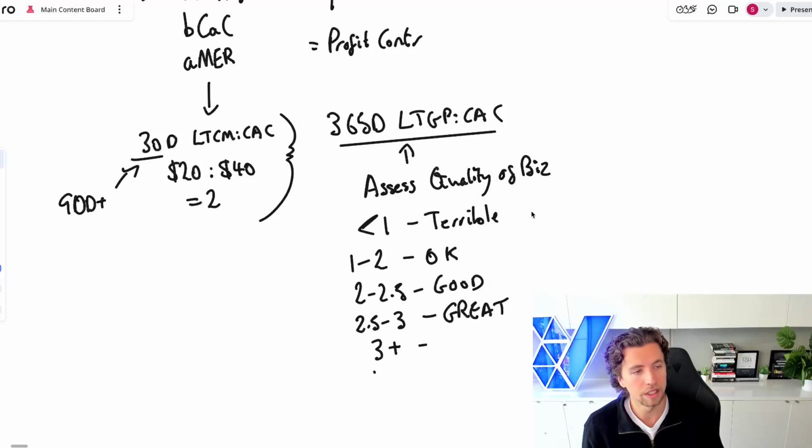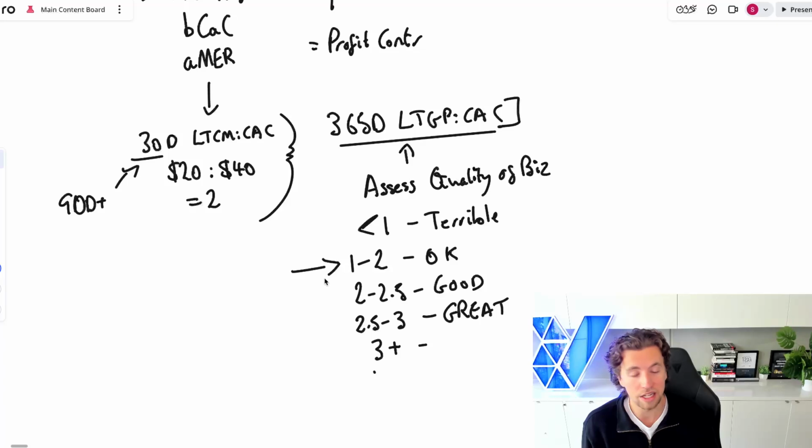And so when you're doing this measurement, ultimately what you're trying to find out, because we run this in all of our audits to figure out where they're actually sitting, the question I want the answer to is, are they underspending right now? Are they overspending? Or is their acquisition in a bad, terrible, okay position? Because for full transparency, when I audit brands and they're in a 1 to 2 range, we have a very stringent internal discussion about whether we actually want to work with this business.